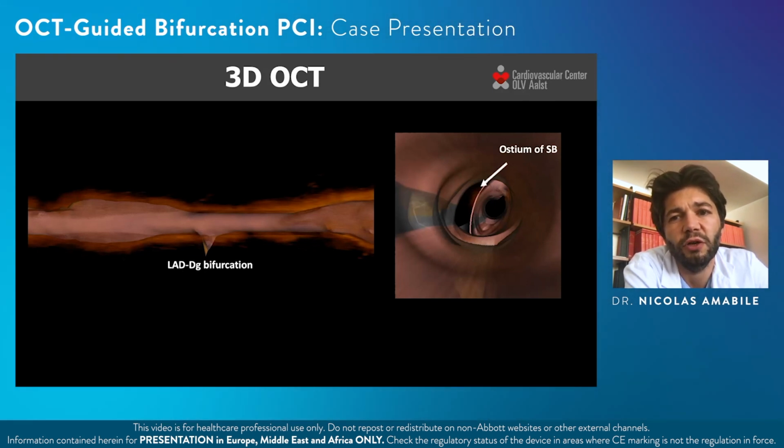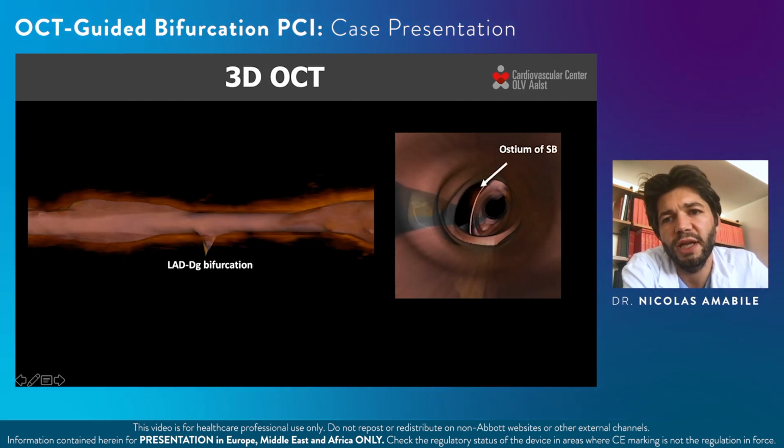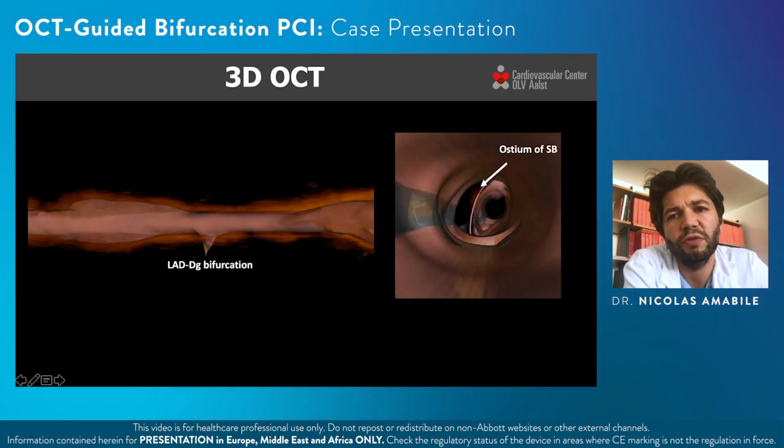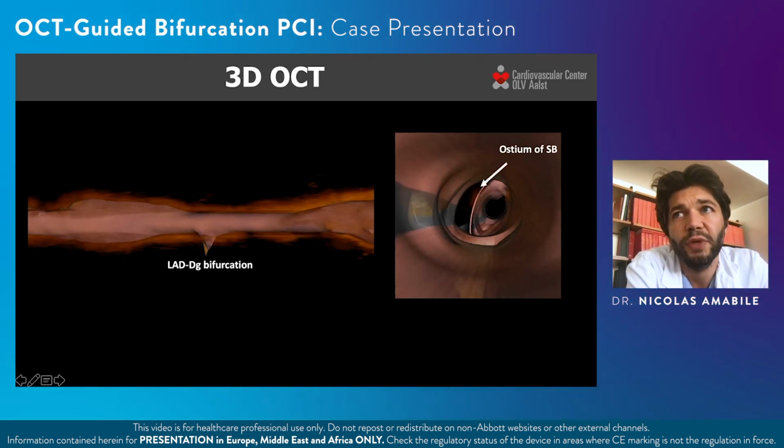That's why I think that OCT is quite indicated, especially in bifurcation, because it will really help the operator to make a better choice for the treatment. In case of a first episode of in-stent restenosis related to neointimal hyperplasia, a drug-eluting balloon is quite correct. But in case of neoatherosclerosis, I would personally go more for a drug-eluting stent.